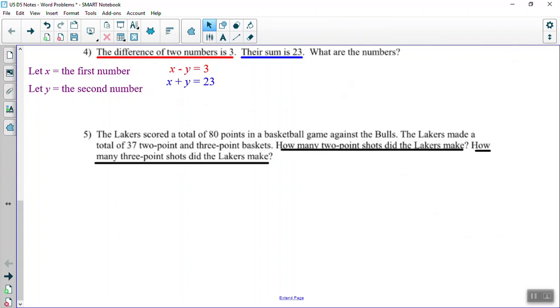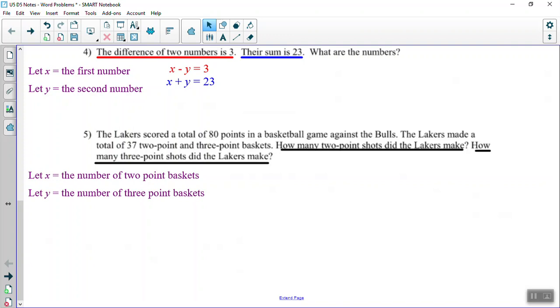So I'm going to let X represent the number of 2-point baskets. And I'm going to let Y represent the number of 3-point baskets that were made. All right, so now the Lakers scored a total of 80 points in a basketball game against the Bulls. The Lakers made a total of 37 2-point and 3-point baskets.